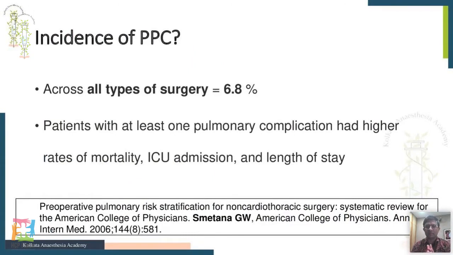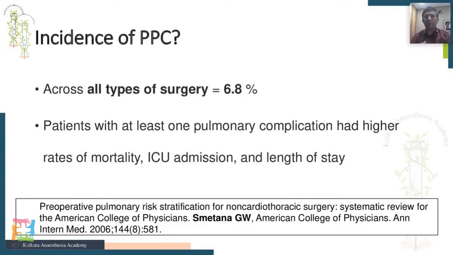This is the systematic review done by Smetana from Boston for the American College of Physicians, and they figured out that if you use those defining criteria, the rate is around 6.8% across all types of surgeries. With one pulmonary complication, there is an associated higher rate of mortality, ICU admission, and length of stay.